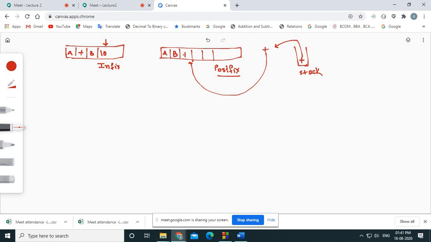Because we are doing a pop operation, this plus will be deleted. If any other operator is there in the stack, again you have to pop that operator and put it into the postfix. You do this process till your stack gets empty. Now my stack is empty, so I will put the null character here.